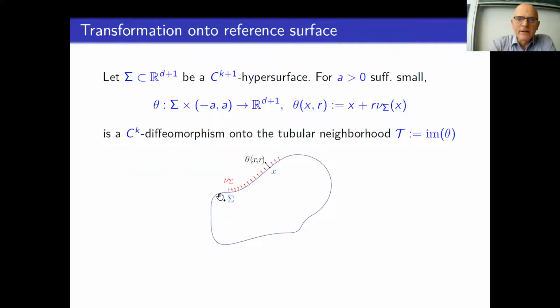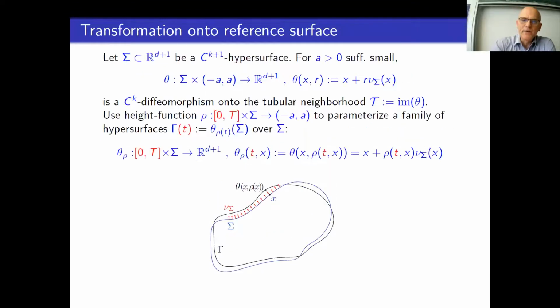So one thing you quite often do here is to give yourself a reference surface and write the evolving surface as a graph over this reference surface. This is probably well known to many of you. You have a point X on sigma, and then you move in the direction of the normal of this fixed surface with the distance r.